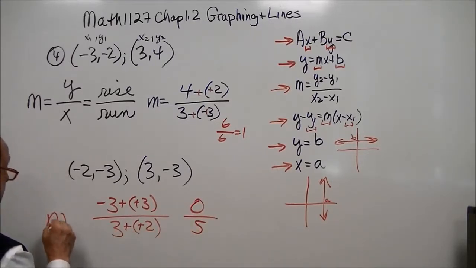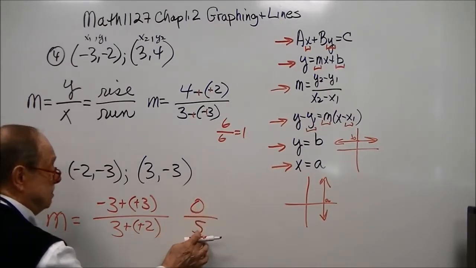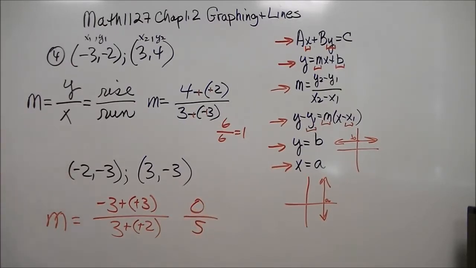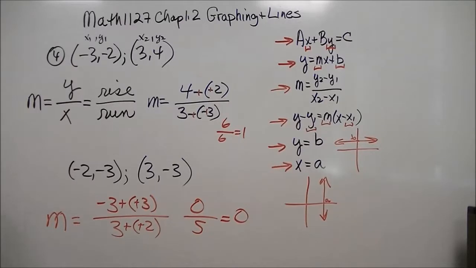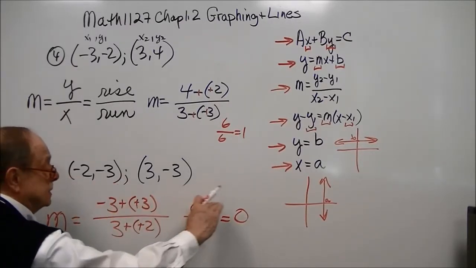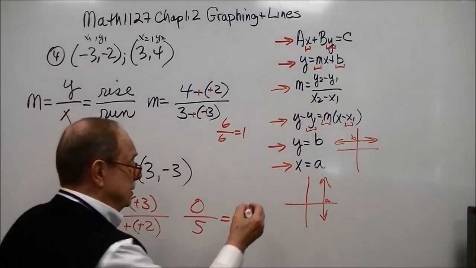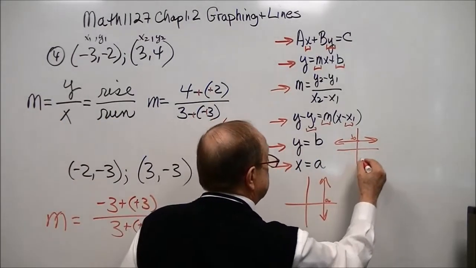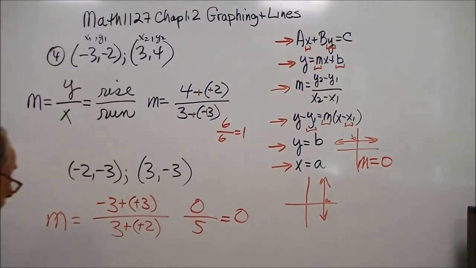Now, anytime a 0 is divided by a number other than 0, the slope is 0. And this happens to be, interestingly, a horizontal line. So let's go over here and put that here. The slope of a horizontal line is going to be 0.